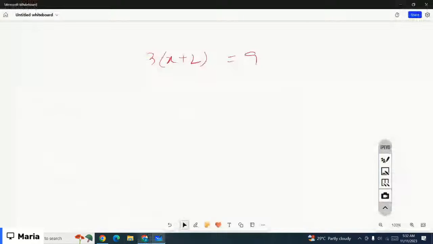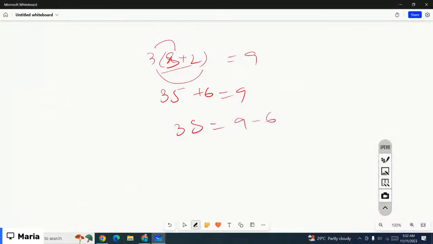The first thing is you have to evaluate the bracket, right? But in the bracket you have x plus 2, you cannot add them, they're not like terms. So you can do 3 times x and 3 times 2, 6. So it will be 3x plus 6 equals 9. So 3x equals 9 minus 6, 3x equals 3 and x equals 1.